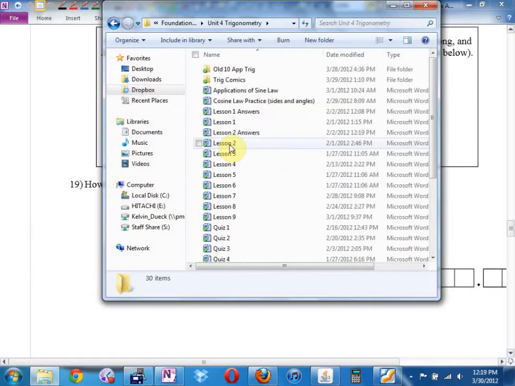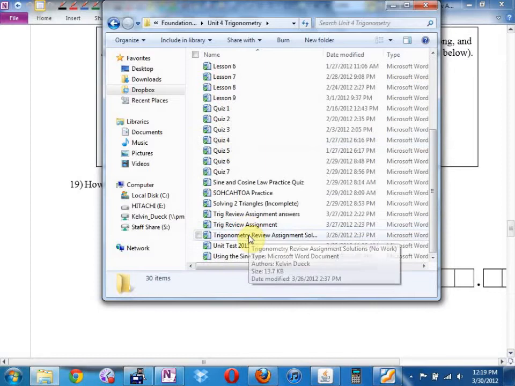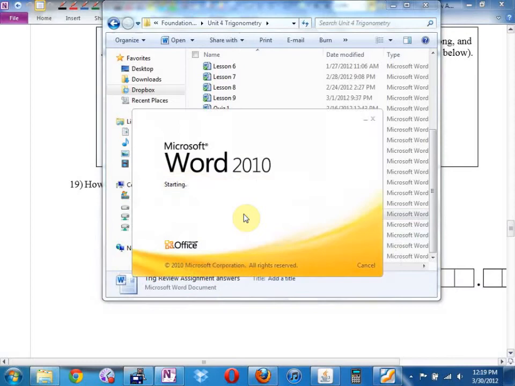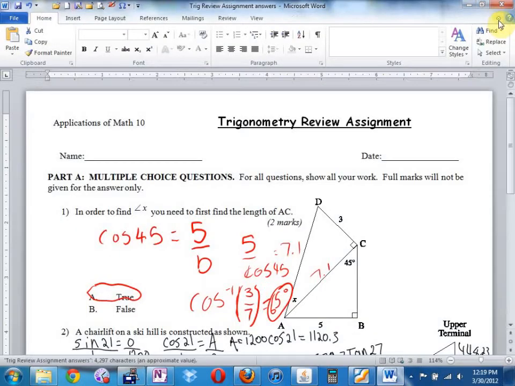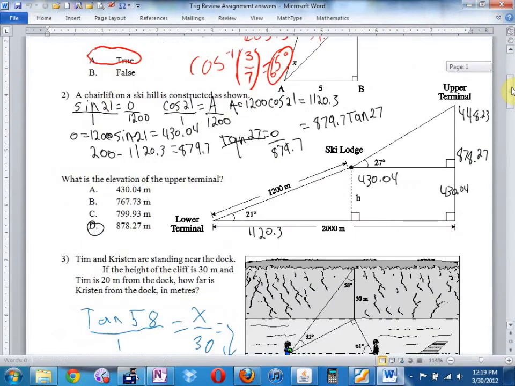I assigned each kid one question and they came up here and wrote it on here. So I will agree, it's not absolutely the neatest document on the planet. But if you go online and check, and I have a couple of copies floating around here, by the way, you can ask someone to grab it for you.